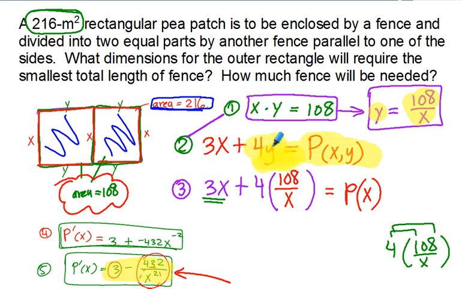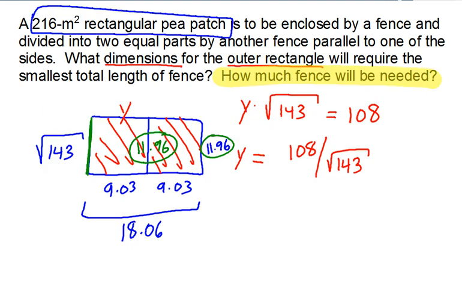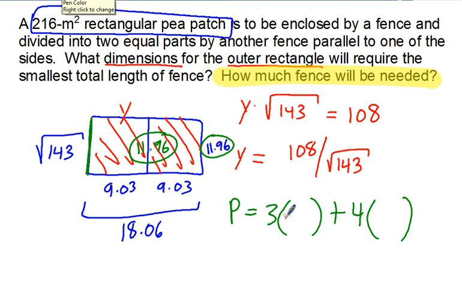We got that the total amount of fence that's required is 3x's plus 4y's. So let's just go ahead and record that right here. The perimeter is 3x's plus 4y's. Okay, so if we go ahead and compute, you can just throw this in a calculator at this point. We got this value for x and this value for y.